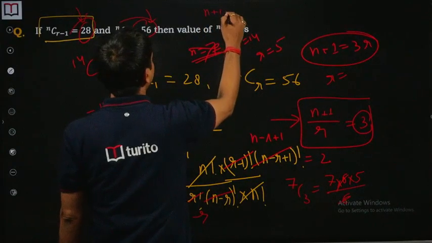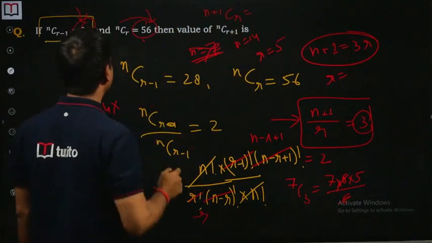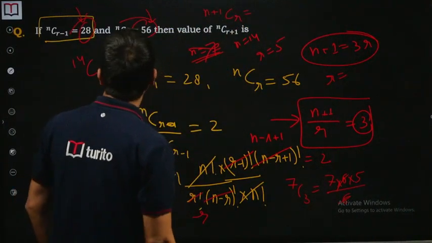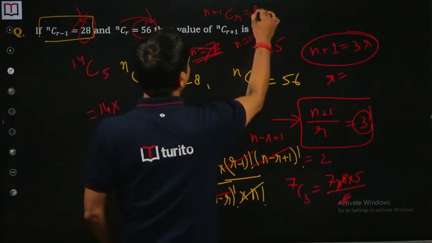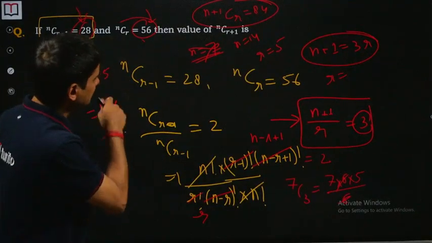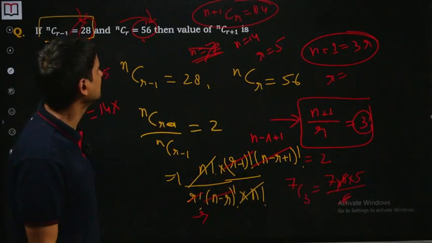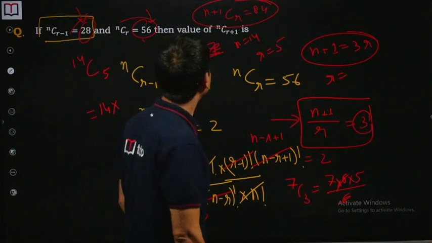We get n plus 1 C r, which is 84, and we have n plus 1. But if I replace n plus 1 by 3r, then also we won't be able to simplify it.